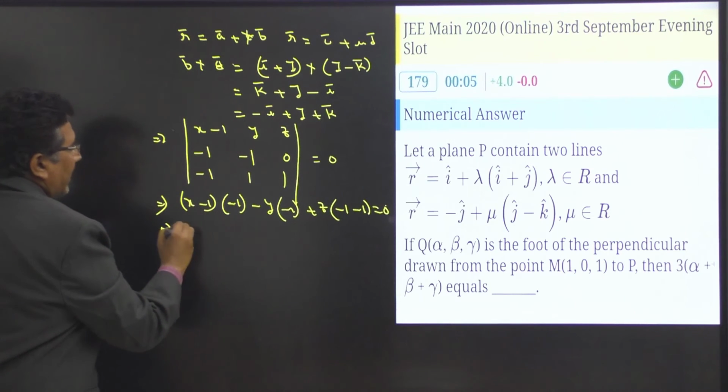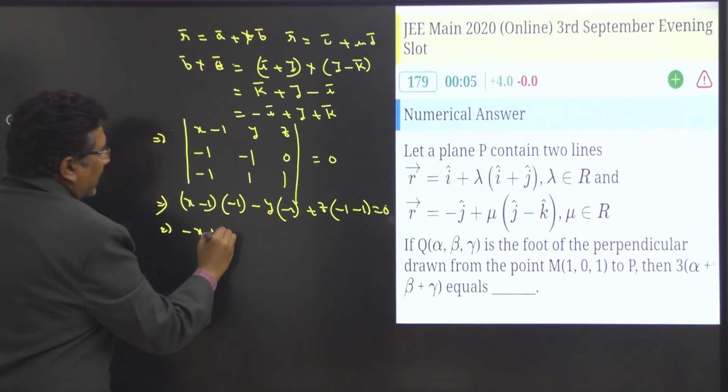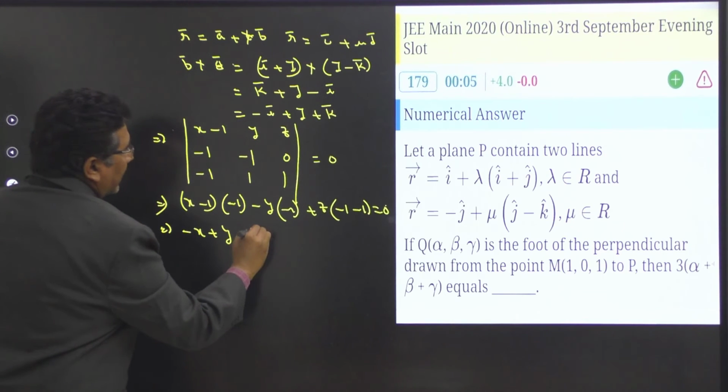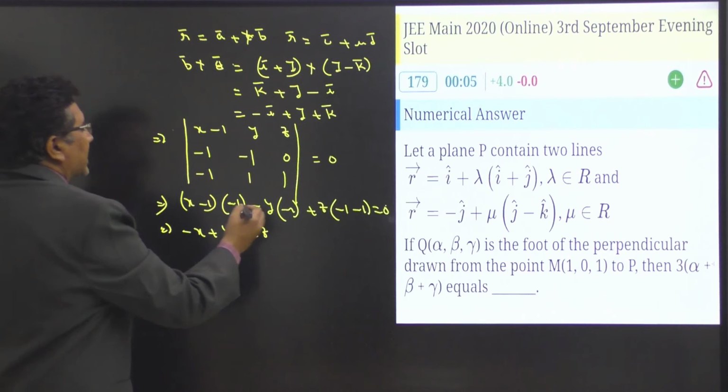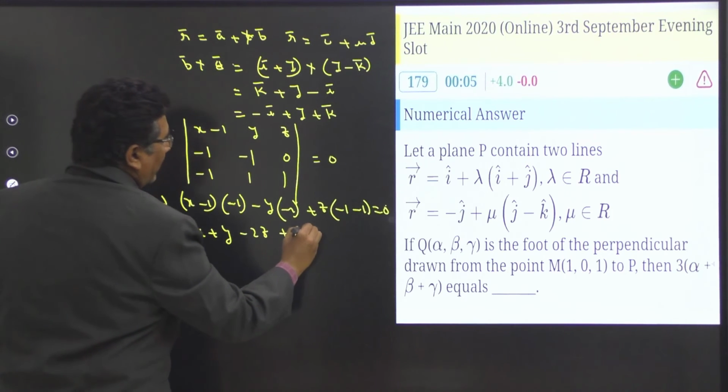That implies minus x plus y minus 2z, the constant term is plus 1, is equal to 0.